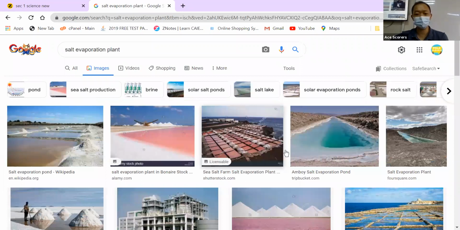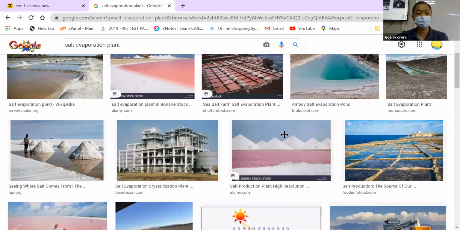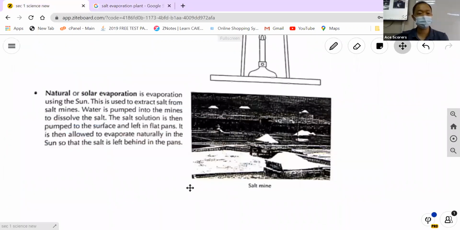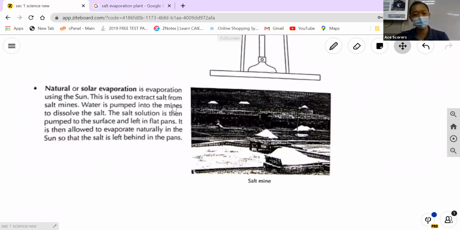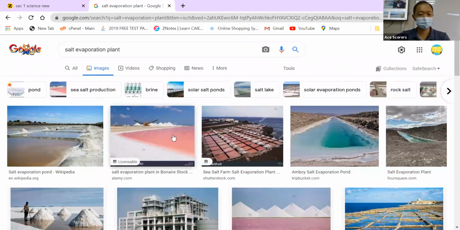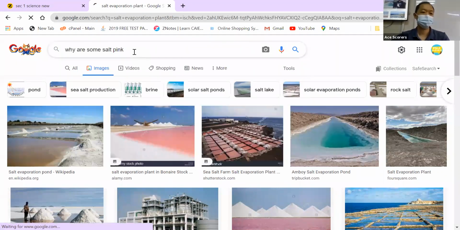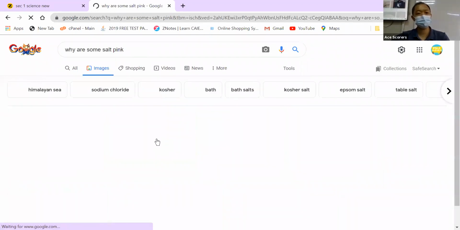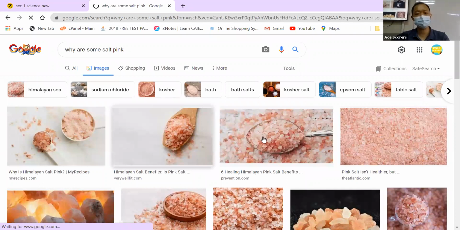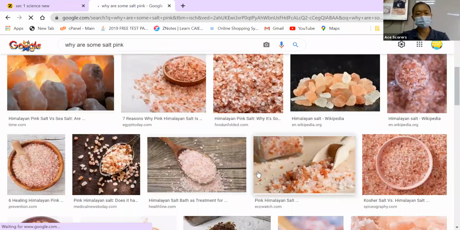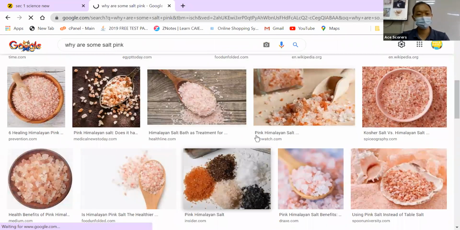All the salt particles are left there. So this is called salt mine, right? How about pink salt? I don't know why some salt is pink. Oh, this sea salt. Sea salt is like this. There are different colors of salt.